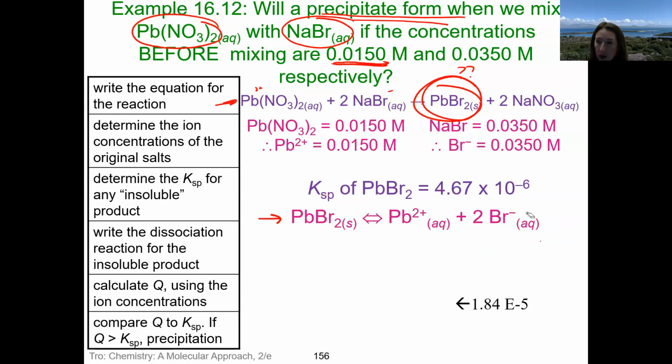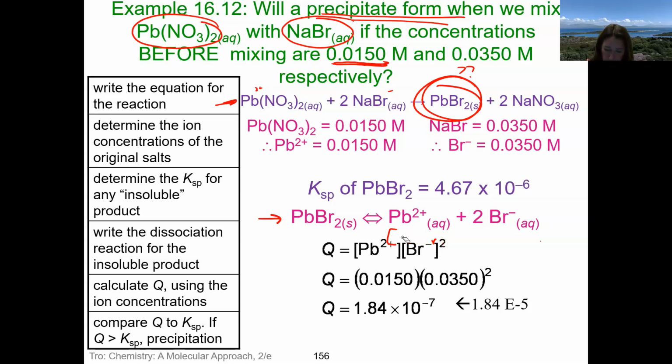Now if we write our Q, our Q is the same form as our K, so it's just going to be Pb times Br squared. That's going to be our Q. And then we just plug in our numbers, plug in our Pb, plug in our Br.